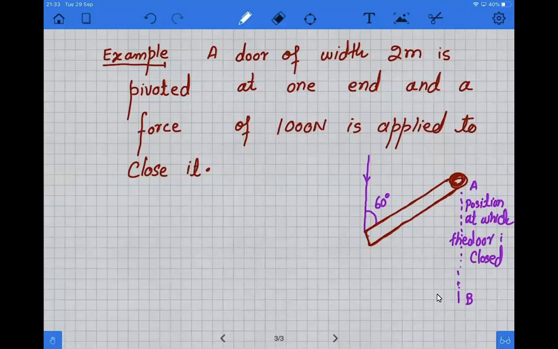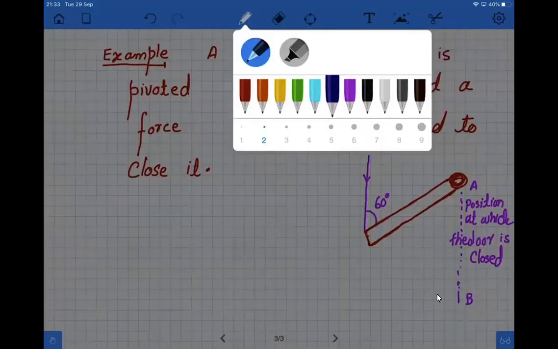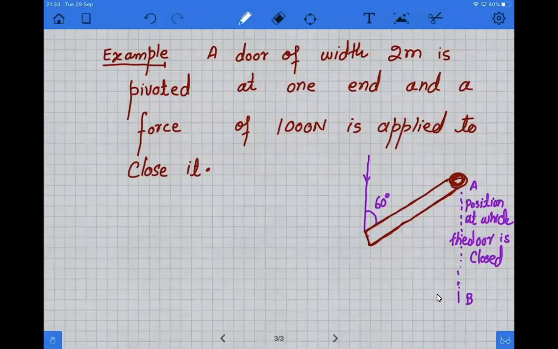The door is closed. So this is the position at which the force wants to bring the door. And at the initial position, the force is 1000 Newton, and the distance that is given is the width of the door, and this is 2 meters. And this is the top view. We are observing all of this from top view, and here this point is the pivot.